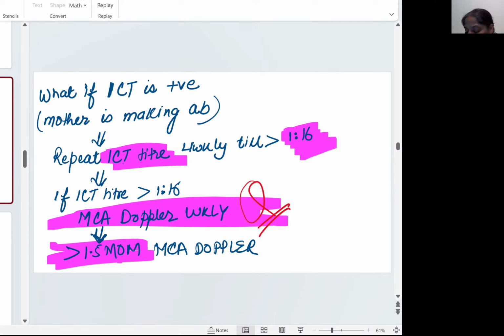If ICT is positive, then we do not give it at 28 weeks, because it means the mother is making antibodies.